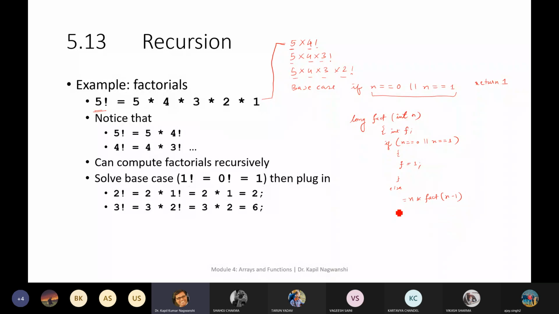So where do I need to store this? n equals n multiplied by factorial n minus 1? No, this is not the correct way. Some other value I need to take, since f is 1 for the base case.